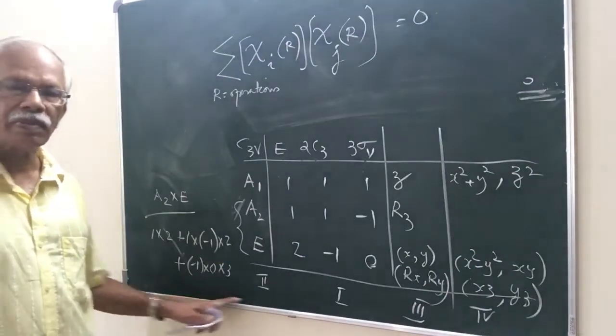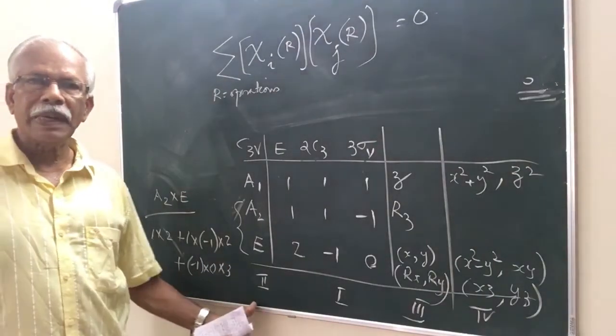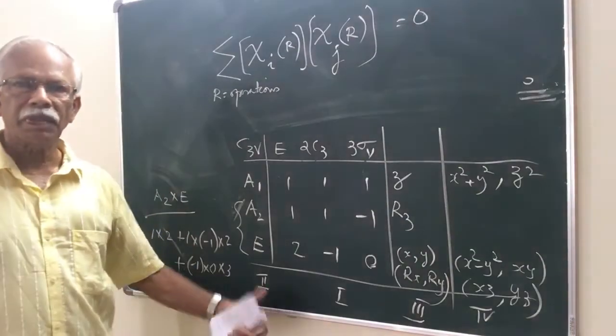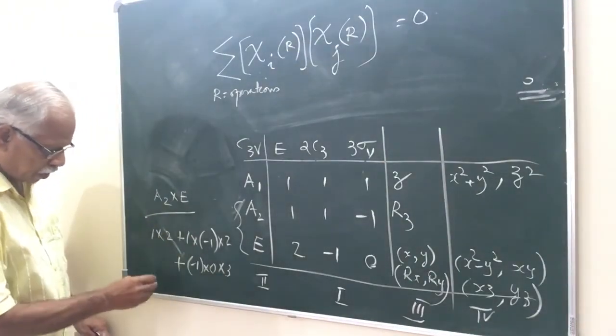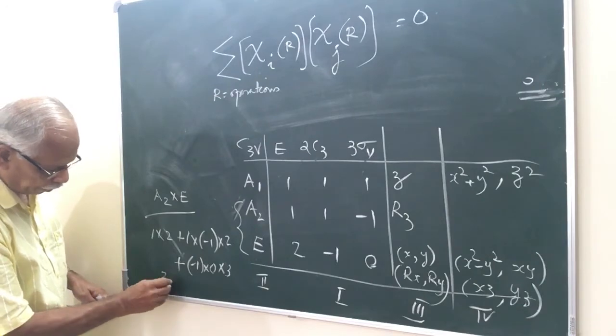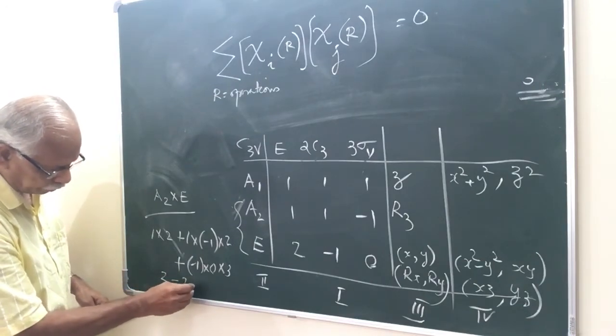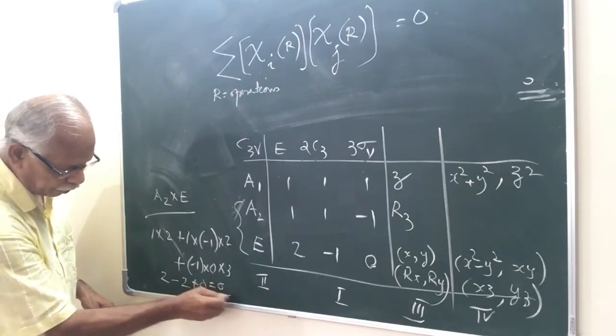Whenever 0 comes in multiplication, that term simply vanishes. So this becomes 2 minus 2 plus 0 equal to 0.